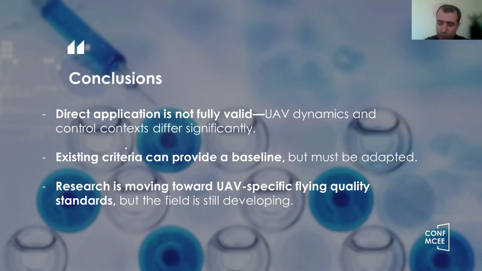Existing criteria can provide a baseline, but must be adapted. Research is moving toward UAV-specific flying quality standards, but the field is still developing. More studies need to be conducted to assess the flying quality of UAVs, which affects the sustainability and energy efficiency of flight.